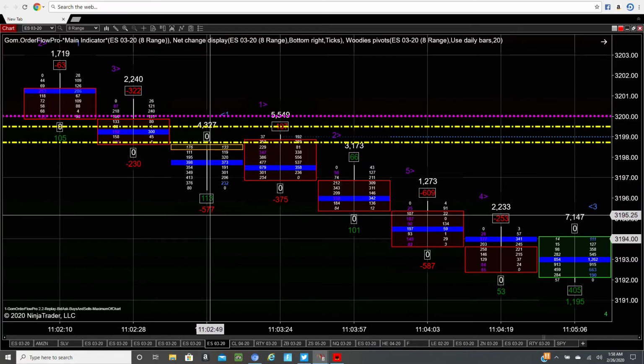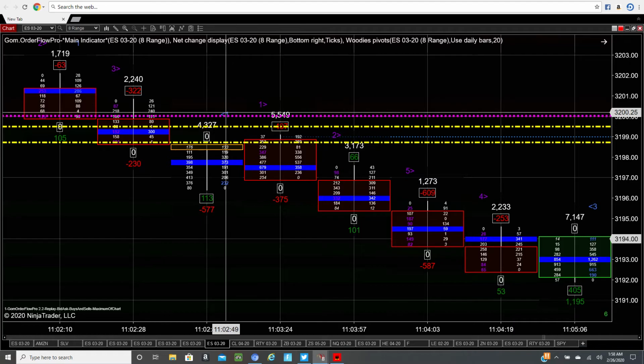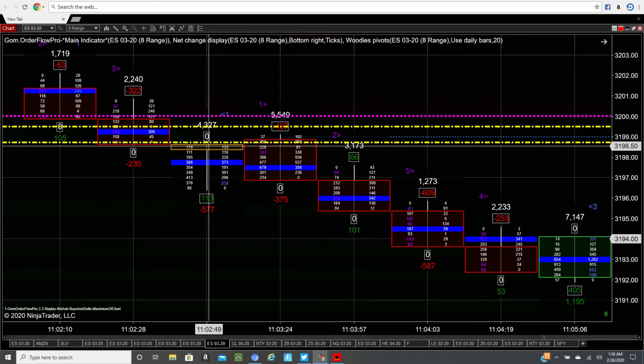Now, here we had a divergence, right? But you only had one imbalance. You're not going to touch that. Although I do like the fact this candle was unchanged, right near a yellow zone. So that could come into play later.